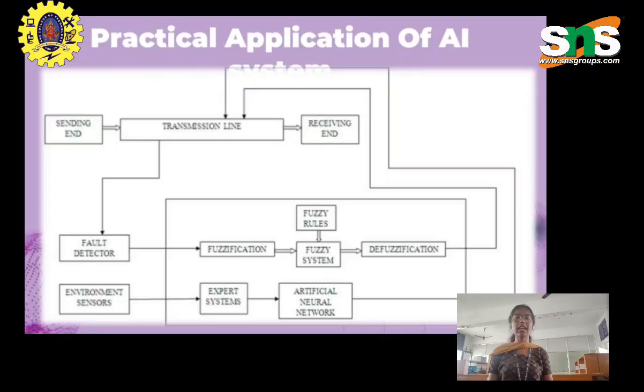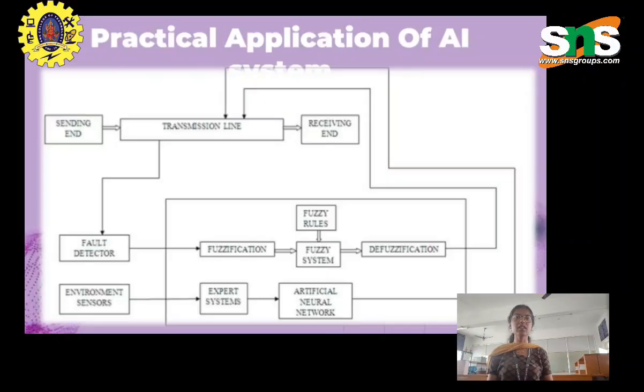The fault detector and environmental sensor feed information into an expert system and potentially directly into the fuzzification process or the artificial neural network. The expert system can guide or inform the fuzzy logic component.